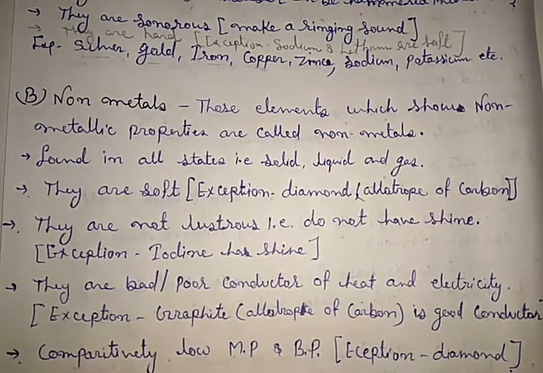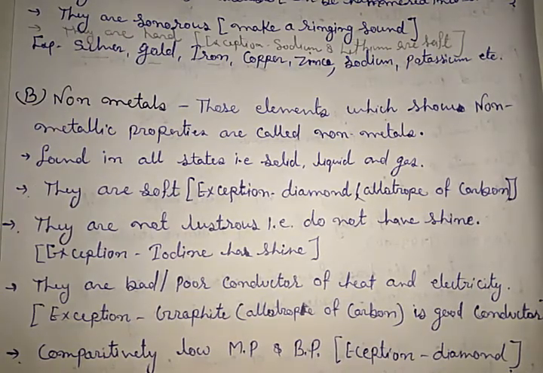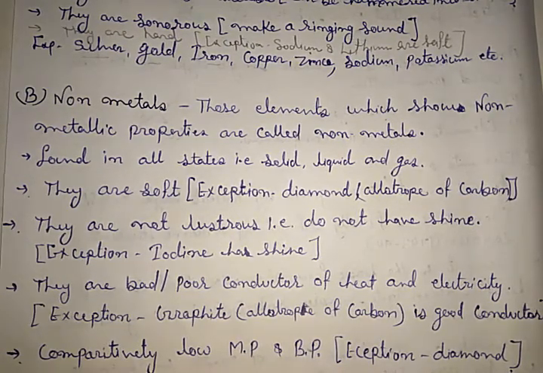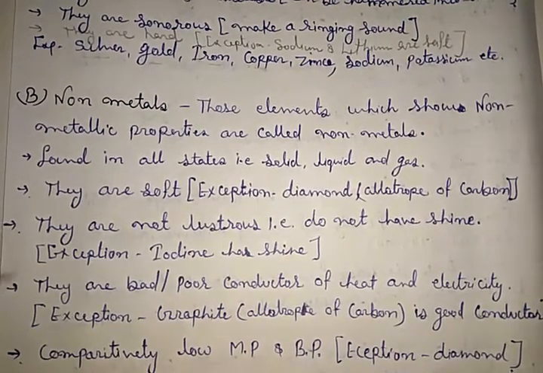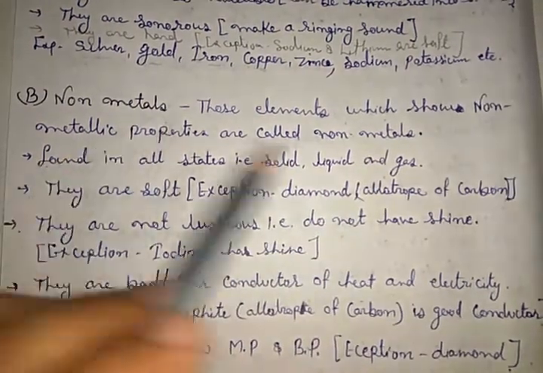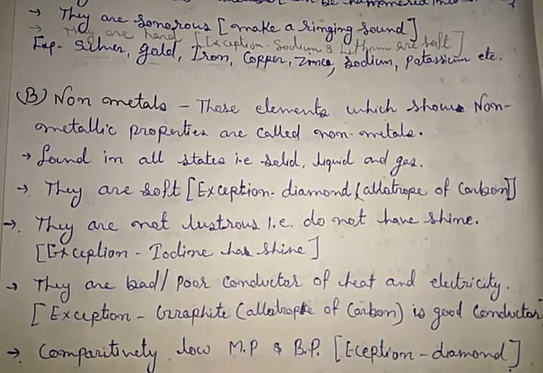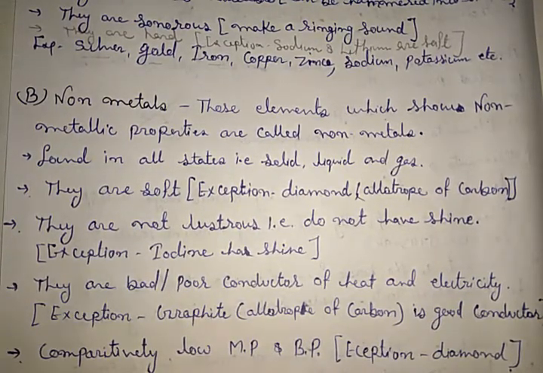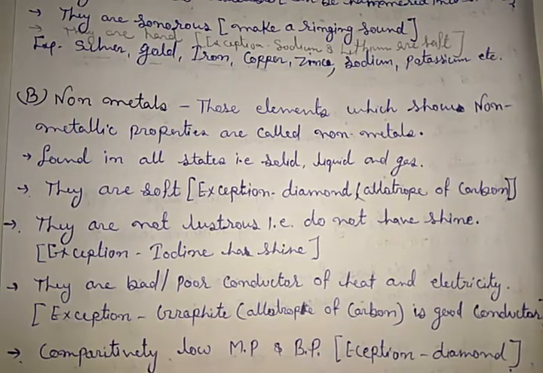Now in today's class we will discuss non-metals. If we consider the definition, then as we described metals, we can describe non-metals also: those elements which have non-metallic properties are called non-metals.